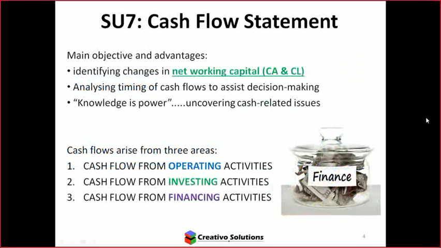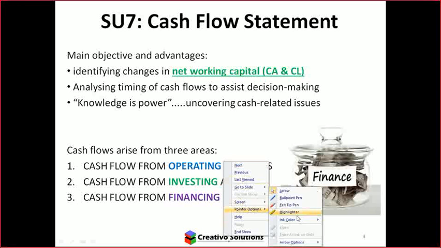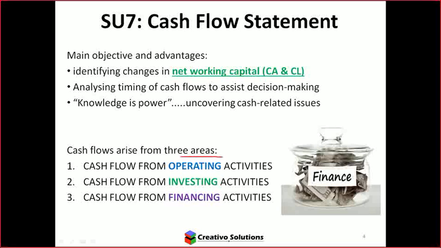Well, there are 3 different sections that we're going to be considering. Right, the operating, the financing, and the investing. Those are the 3 different sections that you're looking at when dealing with cash flow.